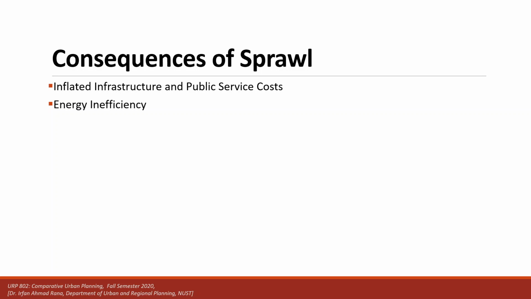So there is an inverse relation between density and efficient energy use. And we talked about inequality and disparity as well already, and impacts on the wildlife and the ecosystem.